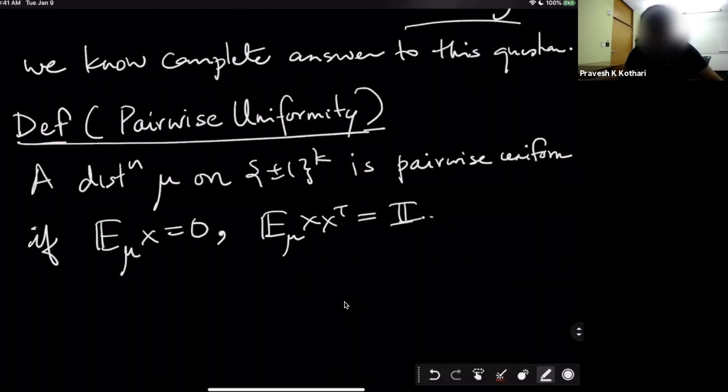So in particular, every pair of distinct variables is uncorrelated under mu, and the mean of mu is 0. That's what pairwise uniformity means.